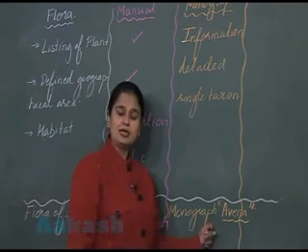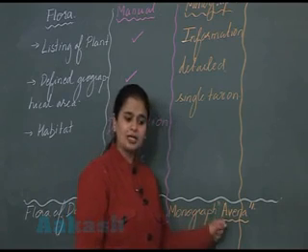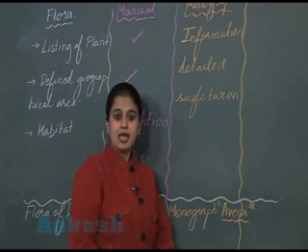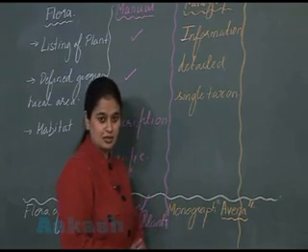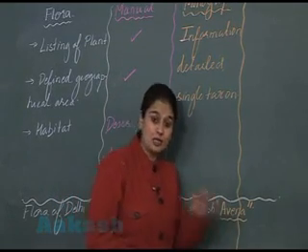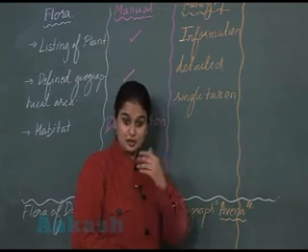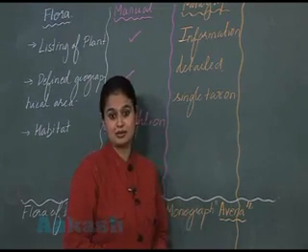Right? Nowadays, what is happening? Scientists are working on this Avena and trying to increase its nutritional status. So scientists are working on this genus and trying to increase the nutritional status of the plant.